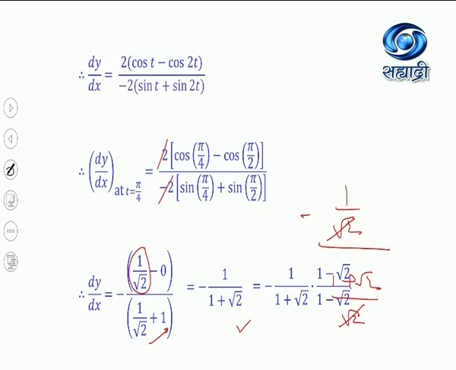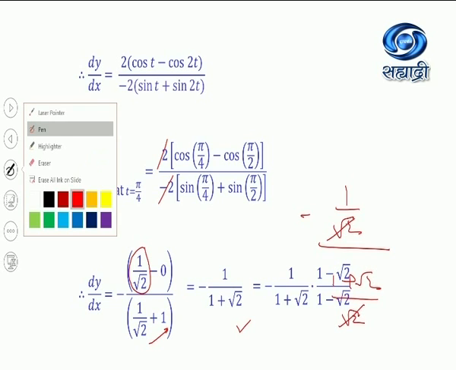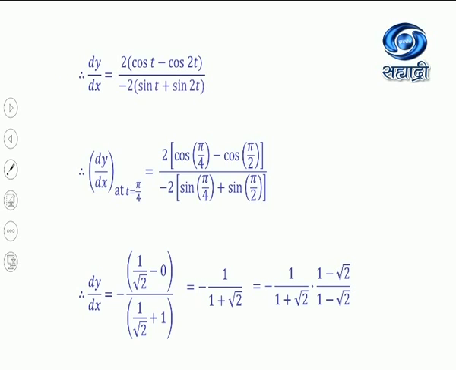And now here we consider 1 upon 1 plus root 2. Now multiplying numerator and denominator by the conjugate of 1 plus root 2, that is 1 minus root 2. So in the numerator we get 1 minus root 2, and in the denominator we get 1 plus root 2 into 1 minus root 2. a plus b into a minus b is a square minus b square, that is 1 square minus root 2 square.